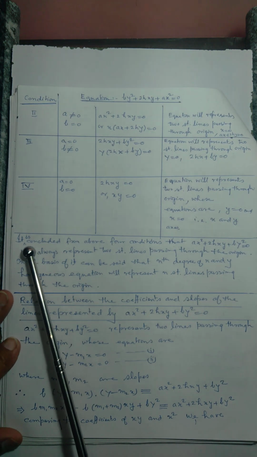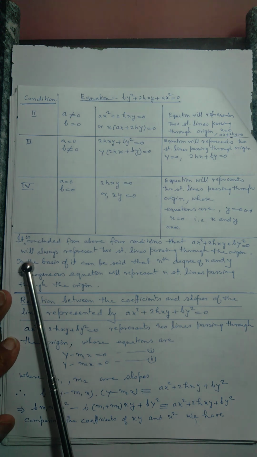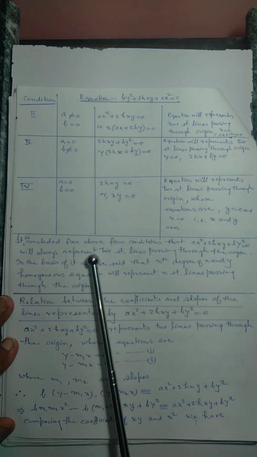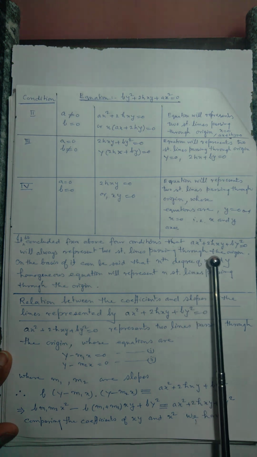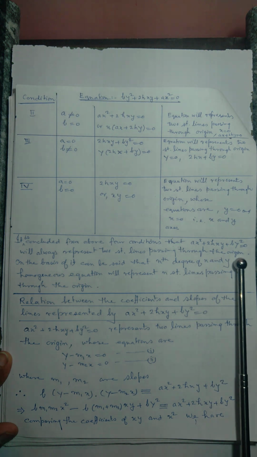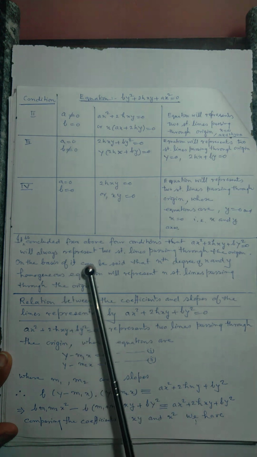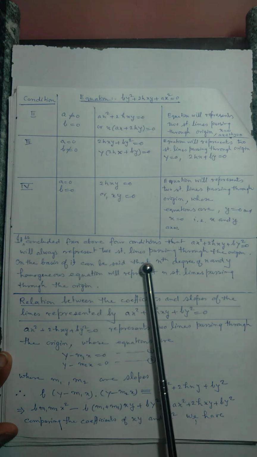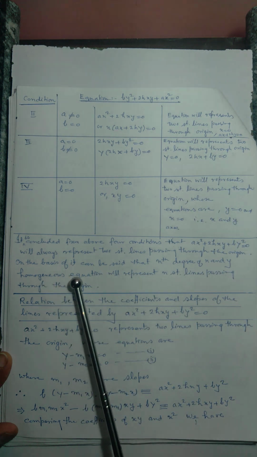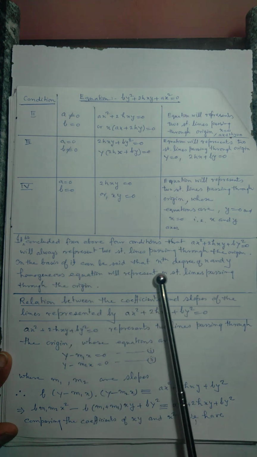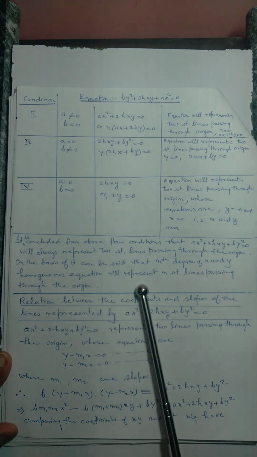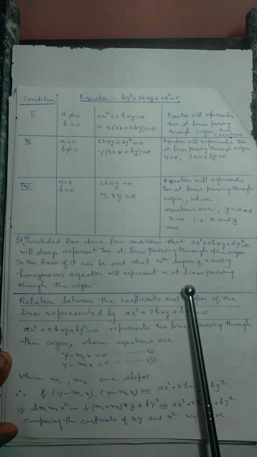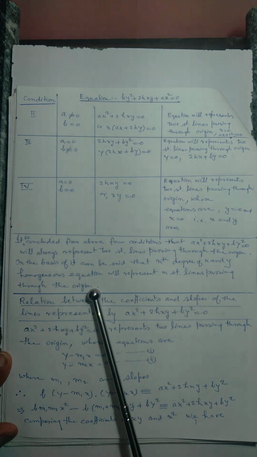So it is concluded from the above four conditions that ax² + 2hxy + by² = 0 will always represent two straight lines passing through the origin. On the basis of it, it can be said that the nth degree homogeneous equation in x and y will represent n straight lines passing through the origin.